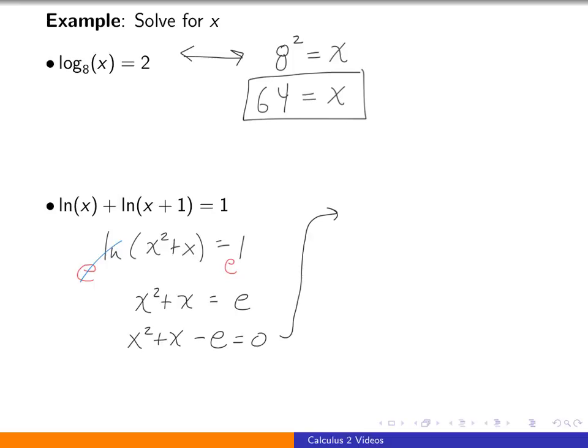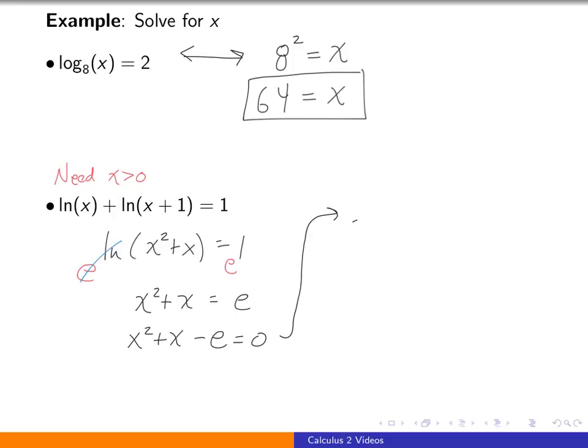But a warning to go along with this: if we look back at the original equation, it involved a natural log of x. In order to plug an input into the natural log, what we need here is x to be strictly positive. Let's keep that in mind, because when we solve the exponential, it's possible we could get a negative solution.